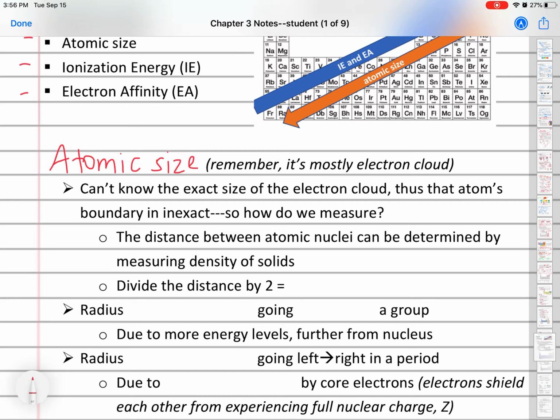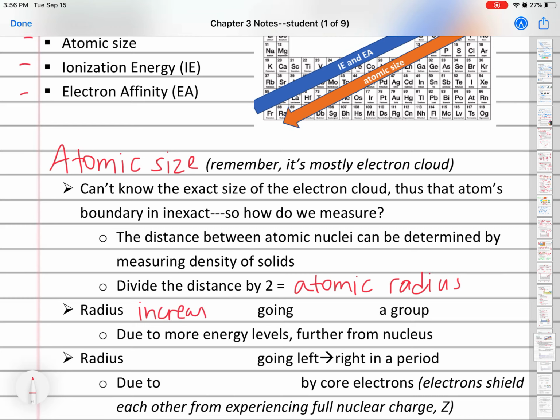So since we can't know the exact size of the electron cloud, the closest measurement we can get to atomic size is to measure the distance between nuclei of atoms by measuring the density of their solids. And then we take that distance and we divide it by 2, and we get the atomic radius. All right, so that's how the atomic radius has been measured.